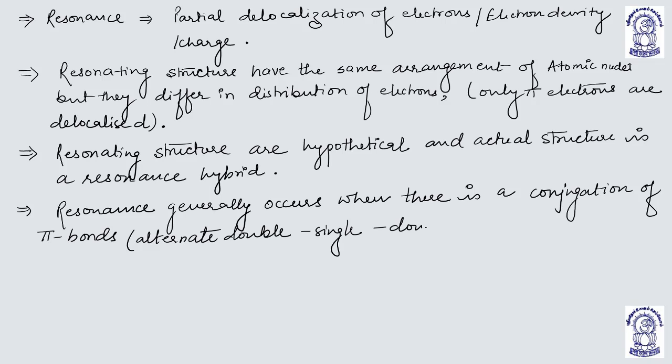Then we have the double bond, as in case of benzene, bond arrangement. The conjugation doesn't really mean that conjugation always takes place between pi bonds. It can be between a pi bond and a charge, okay, a pi bond and an electron or whatever it is.